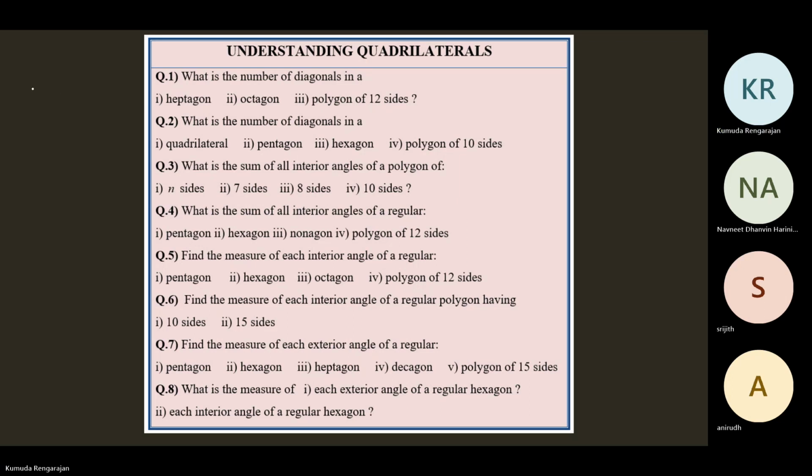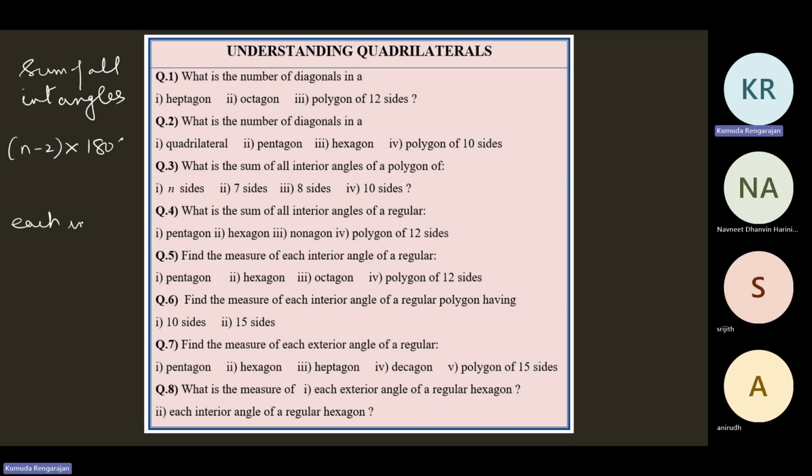So sum of all interior angles. Tell me, what's the formula to find the sum of all interior angles? N minus 2 into 180 degrees. If it's a regular polygon, each interior angle is equal to (n minus 2) into 180 degrees divided by n.